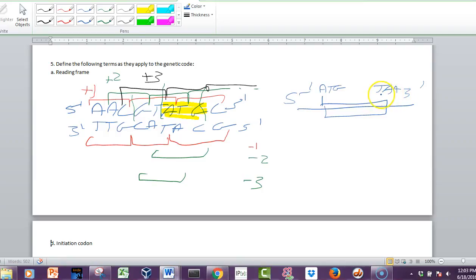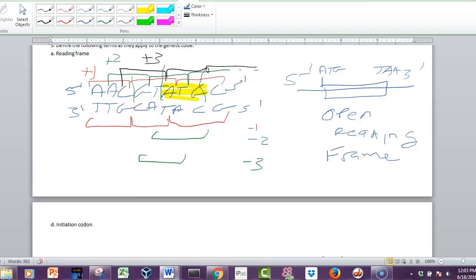So that would be the open reading frame. It's open because you've got several codons. There would have to be a bunch of codons in between those. And if it's a long open reading frame, that's likely the open reading frame for that gene. But there's 6 possible reading frames, and the open reading frame is really the true reading frame.